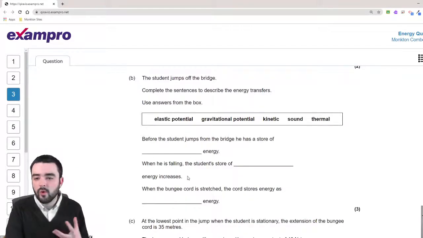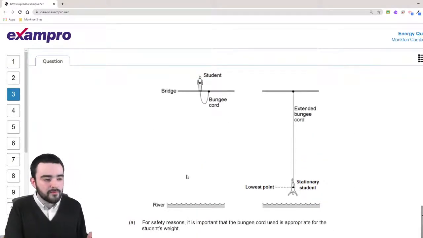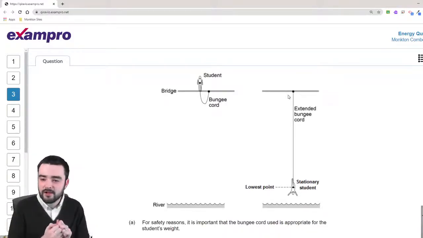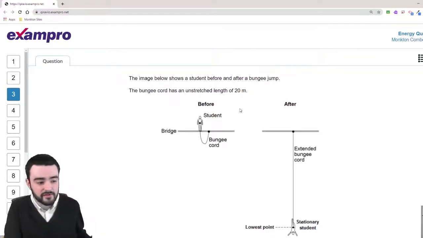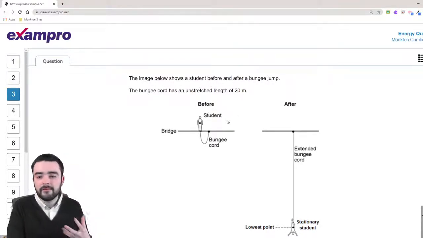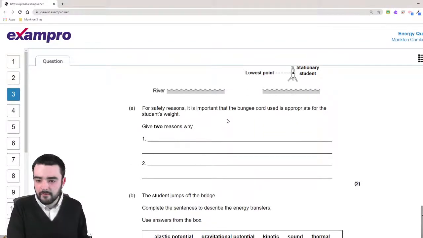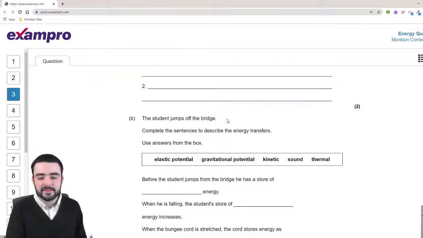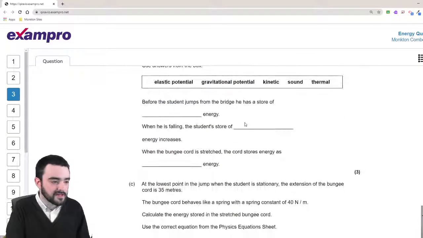When he is falling, the student's store of something energy increases. So we need to think what is changing as someone is falling. Well, with bungee cords, they're not going to be storing energy until they are stretched. It has an unstretched length of 20 meters. So when they're falling, what is changing? Well, when something falls, it accelerates. That means that its velocity or its speed is going to be increasing.